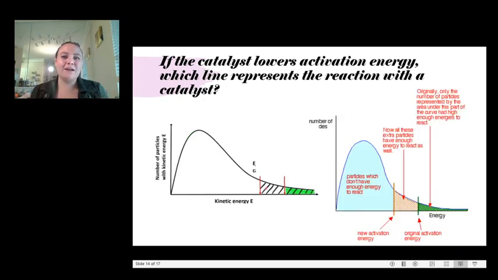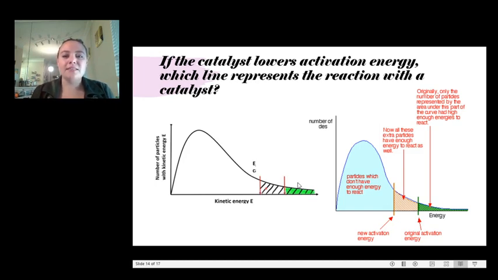And so let's think about it on this graph. On this graph, this vertical line is our activation energy. The x-axis increases as we go to the right, so that means it decreases as we go to the left. So if this is the original activation energy, if we add a catalyst, that line gets pushed back.